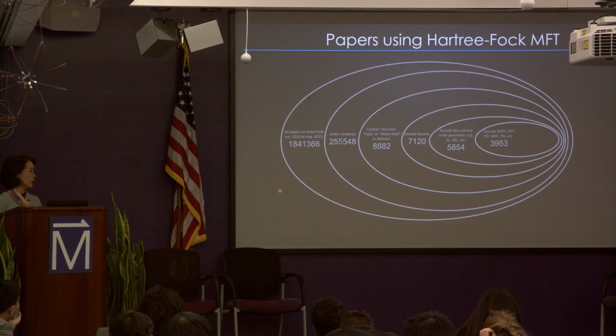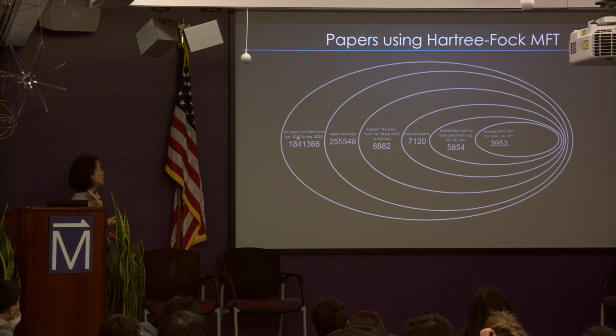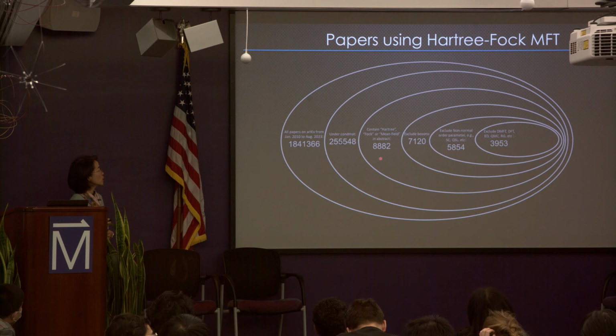So why Hartree-Fock? Because you can just download the entire arXiv, you can start hashing out how many of the papers in the arXiv from this year to this year have Hartree-Fock mean field theory in them. These are all the papers in the arXiv from this point in time to this point in time. These are the numbers under cond-mat. These are the papers that mention Hartree-Fock or mean field in the abstract.